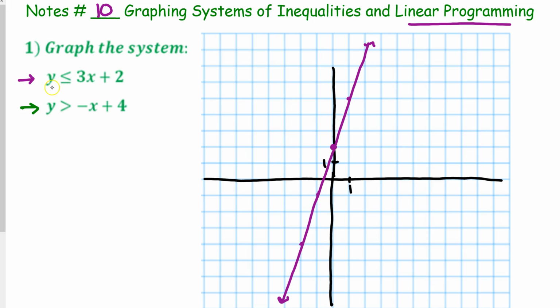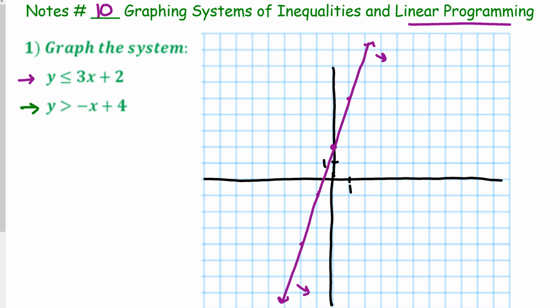If you have your equation in slope-intercept form and it's a less than, you can shade below. But if it's not in slope-intercept form, you wouldn't use that shortcut. You can also use the test point. If I test 0, 0, it makes it true. So we know we're going to shade this one below, and I'm just going to draw little arrows showing I'm shading it below.